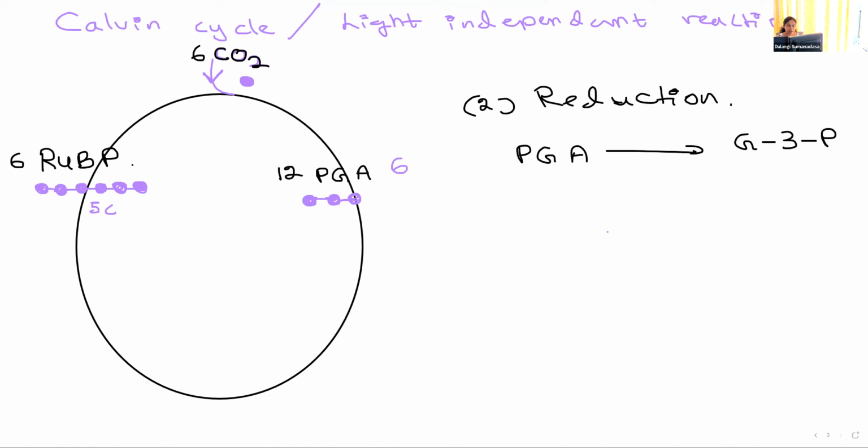Right, so glyceraldehyde 3-phosphate, if you want to know what it is. Right, so it's another 3 carbon compound. So we have 3 carbons, 12 of them.